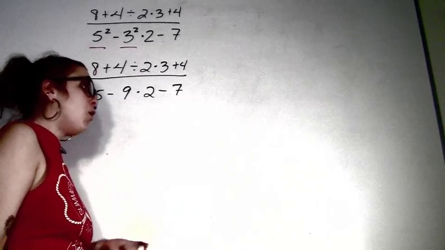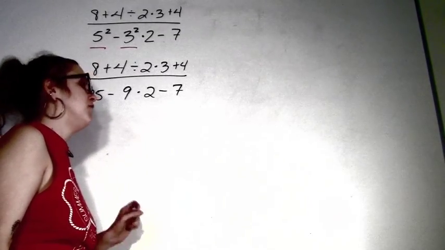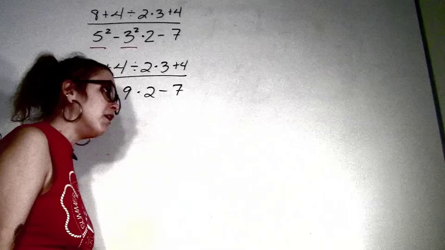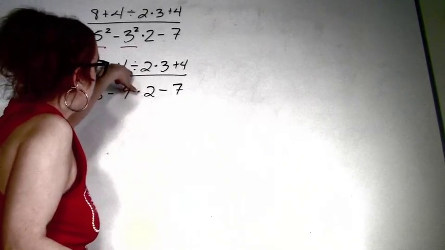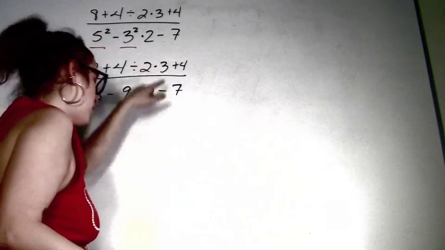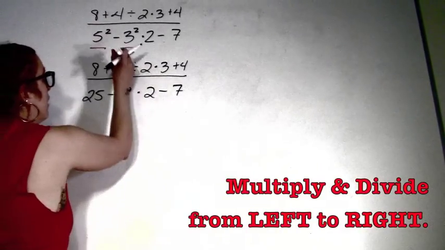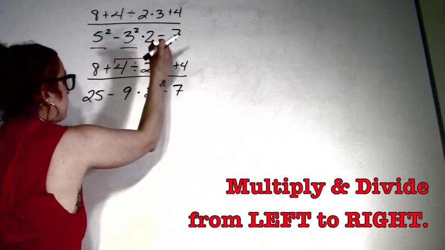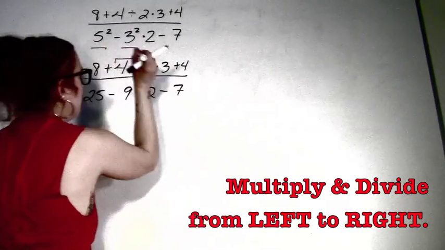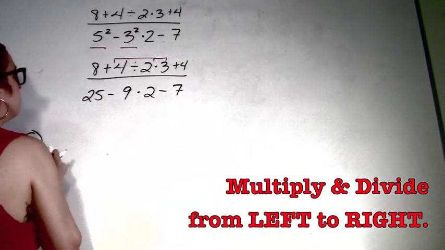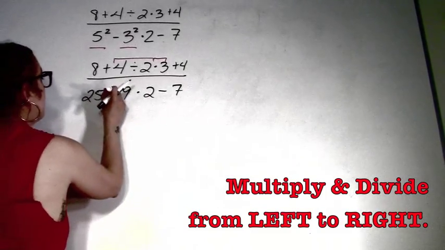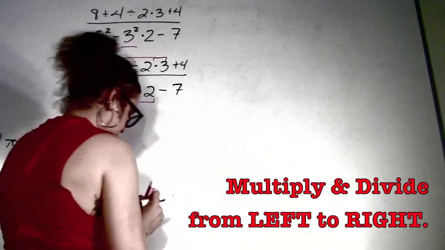Okay, now we got to multiply and divide from left to right. If divide comes first, you do divide first. If multiply comes first, multiply first. So in this case, we're going to divide before we multiply. So I'm going to take care of this first, and then this. And that too, while we're at it.